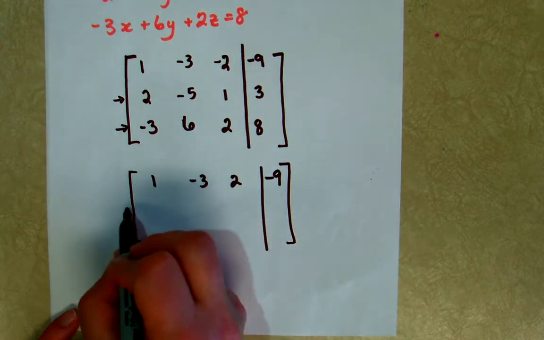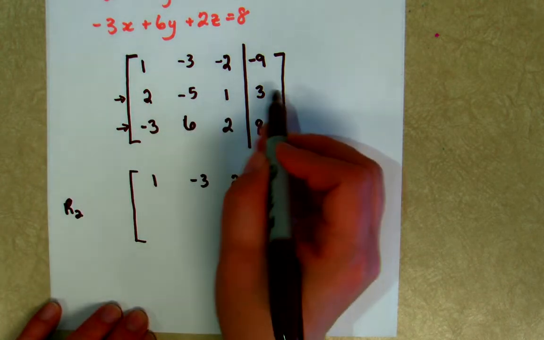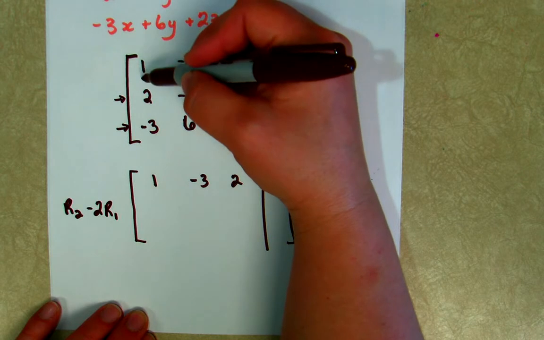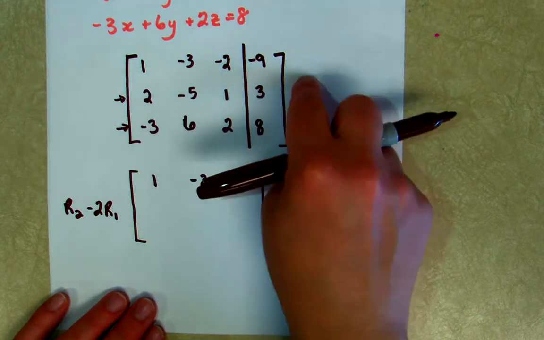But for my new second row, I'm going to take row 2, that's this one up here, and subtract 2 row 1s, because that way these numbers will match when I multiply this by 2, and they will subtract to 0. Some people can do it in their head.